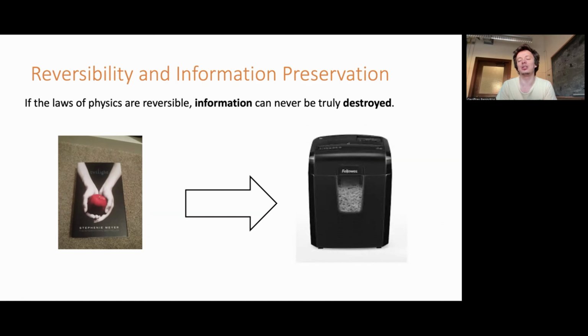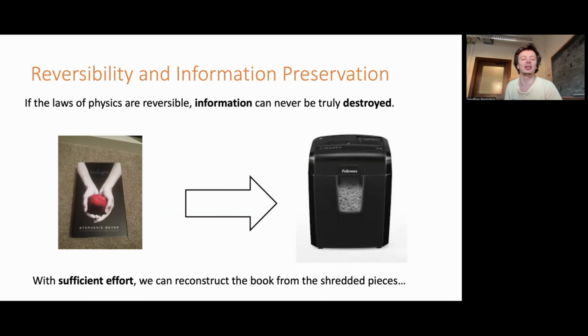And if they do want to do that, they could painstakingly piece together all the tiny little pieces very carefully, match up the microscopic structure of each little bit, put it back together. So the information in the book is still there. It's just harder to read than it was before.